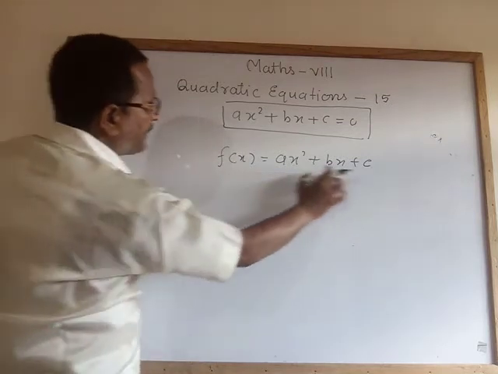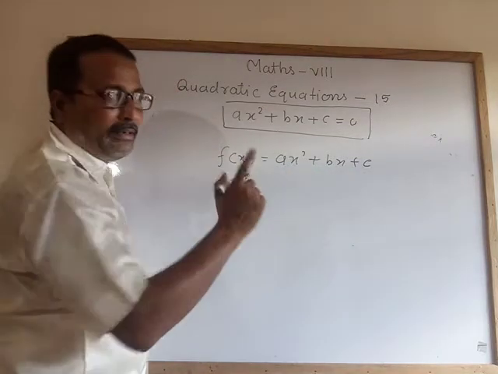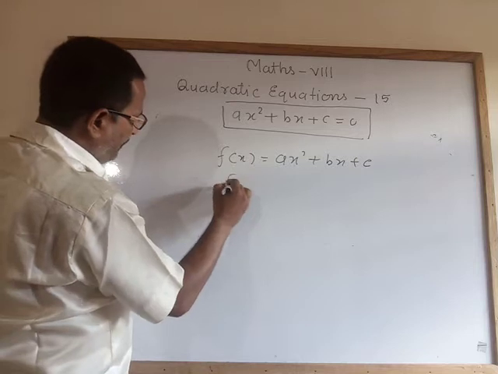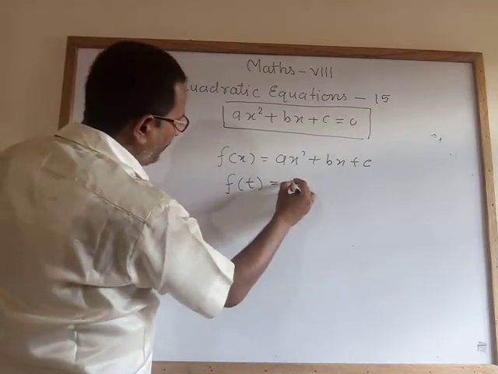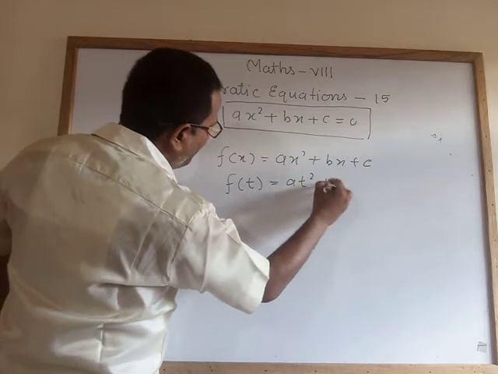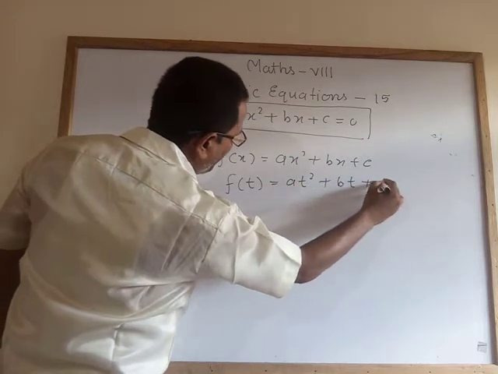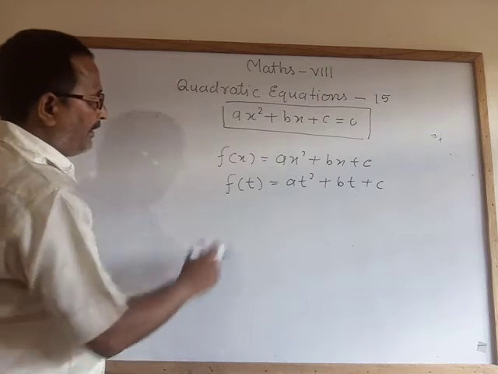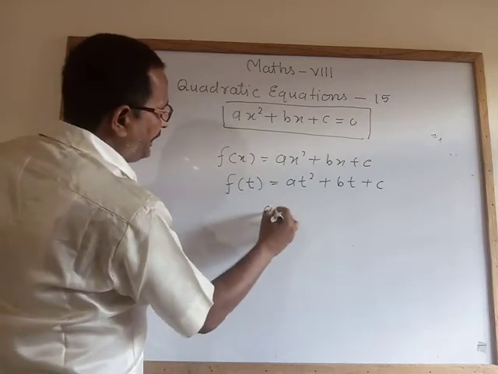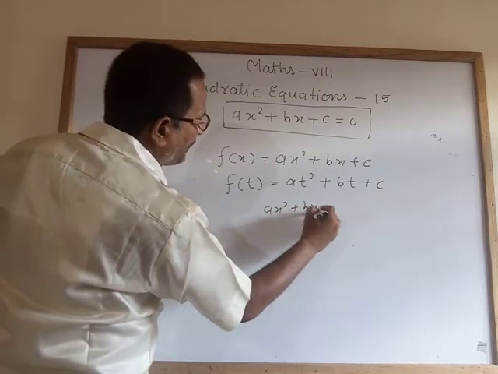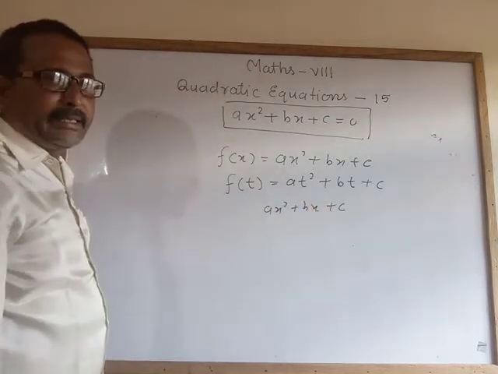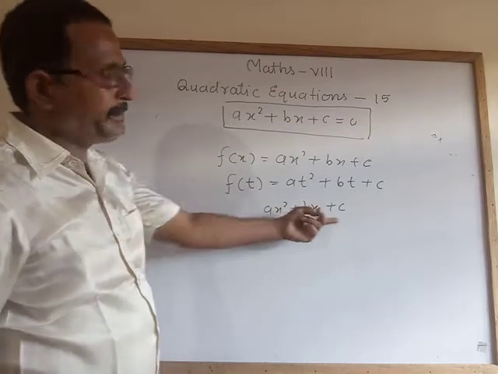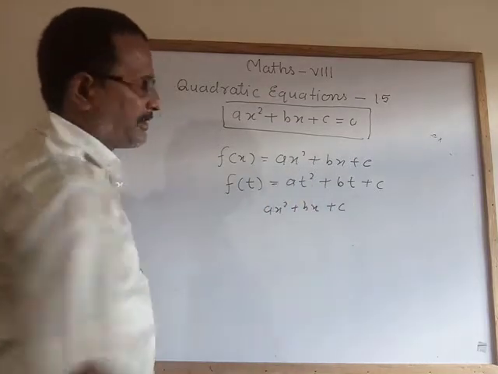This is a quadratic function. Suppose if I write t in the place of x, then it will be at square plus bt plus c. If the same ax square plus bx plus c is written alone, this is called a quadratic expression, an algebraic expression.